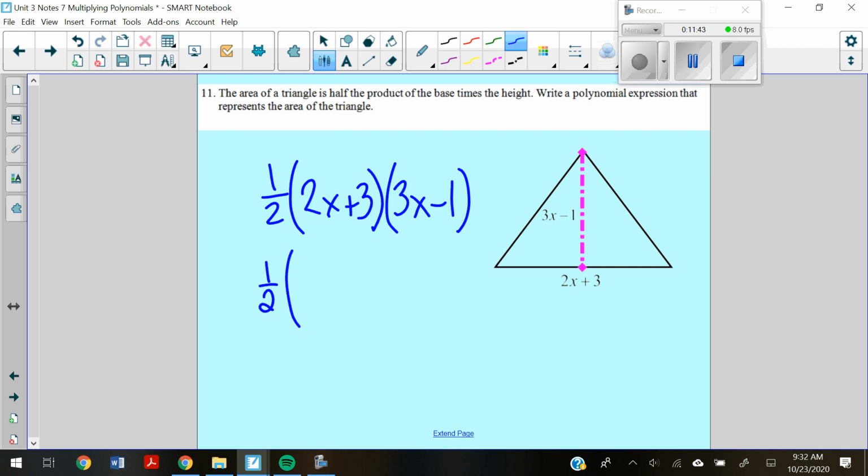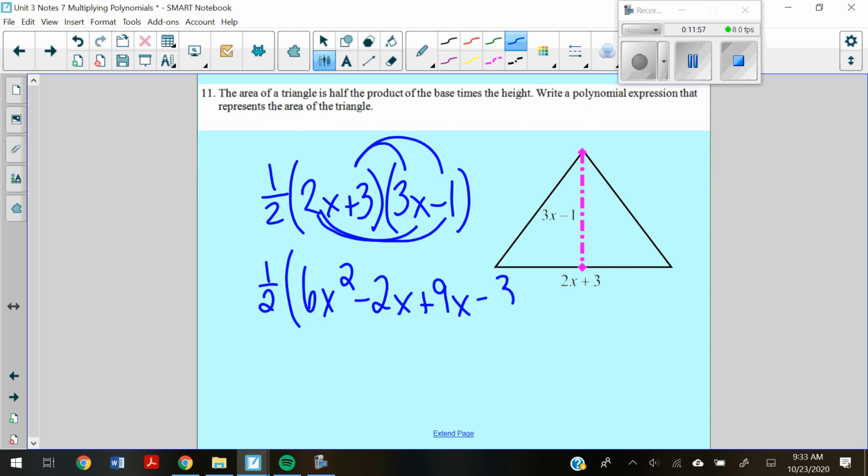So I'm just going to do FOIL. 2x times 3x, I get 6x squared. 2x times negative 1, so negative 2x. 3 times 3x, I get 9x. And 3 times negative 1, I get a negative 3. Now I have like terms here, so I'm going to combine those. So 1/2 times 6x squared plus 7x minus 3.